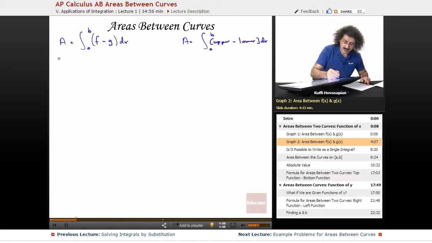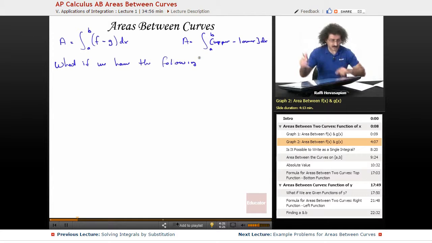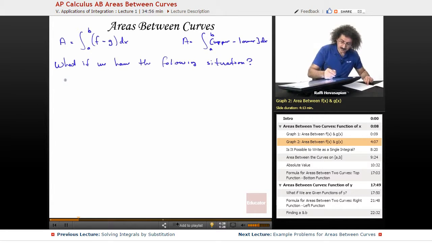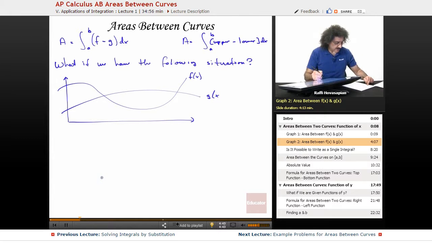Now what if we have the following situation, where over a given interval, they actually cross? We'll call this one f of x, and this one g of x.